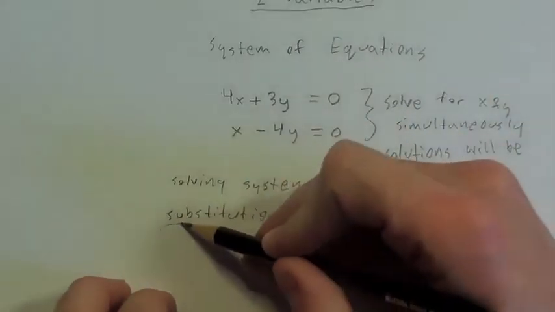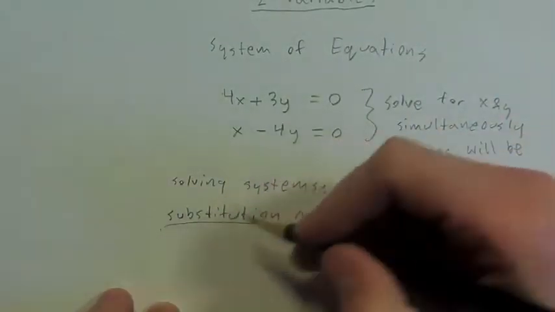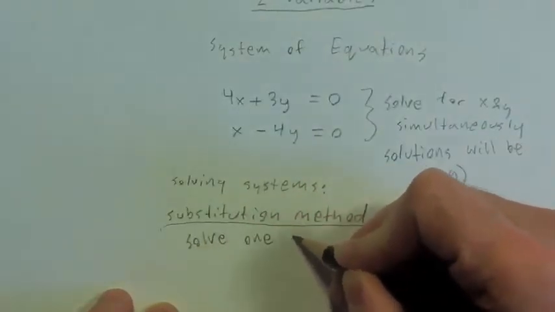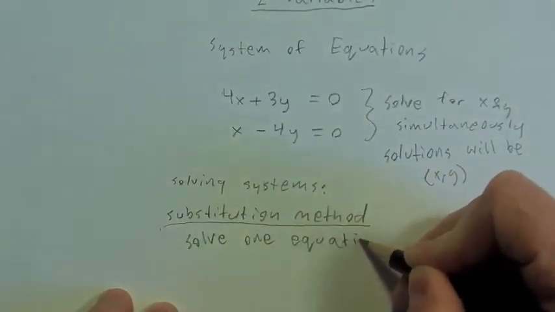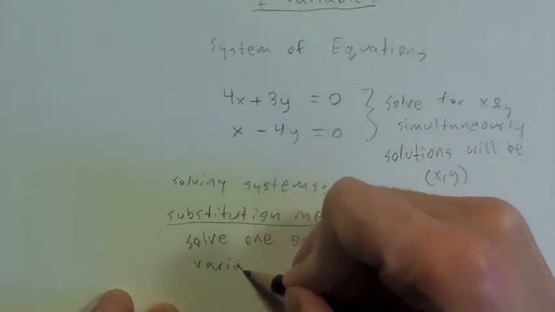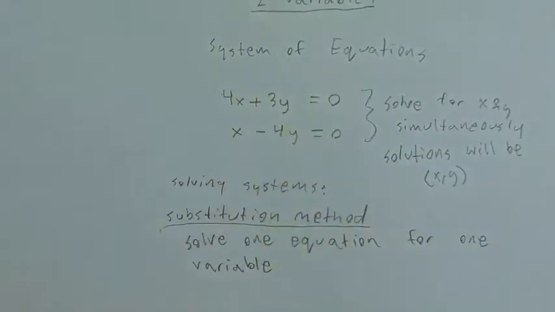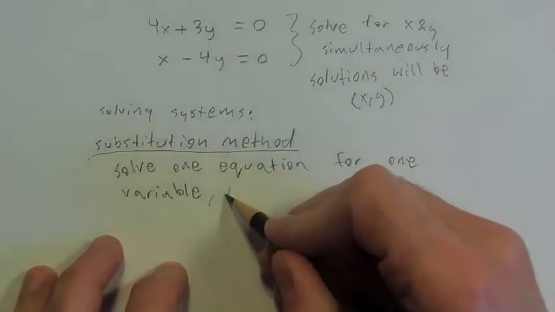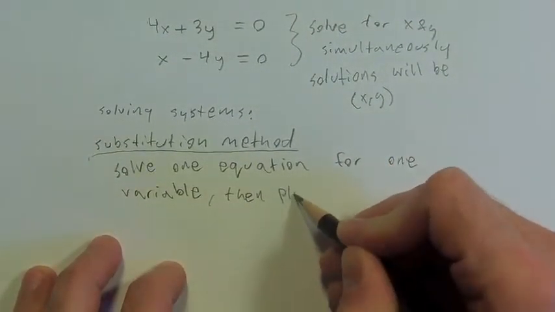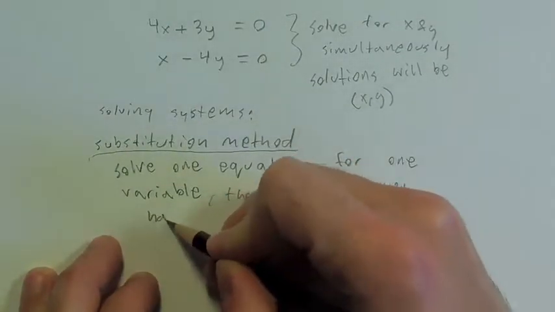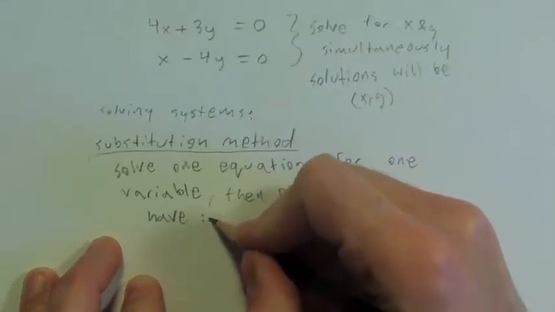That's what the substitution method ends up being: you solve one equation for a variable, so for one variable, okay, then plug what you have into the other equation.